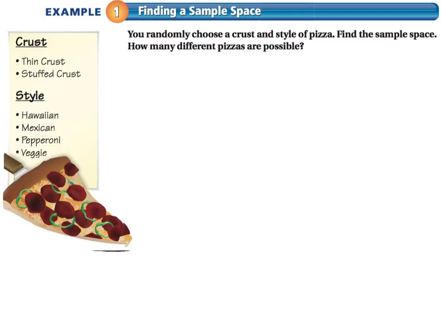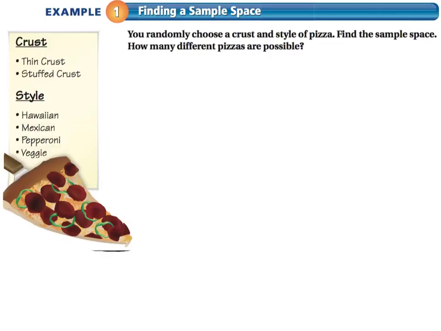Now, in the first example, all I want you to do is find the sample space when you randomly choose a crust and style of pizza. How many different pizzas are possible? So the sample space is how many total pizzas can I make with 2 kinds of crust and 4 kinds of pizza. Now, if you really wanted to, you could take your kinds of crust and the style that goes along with it and make some type of diagram.